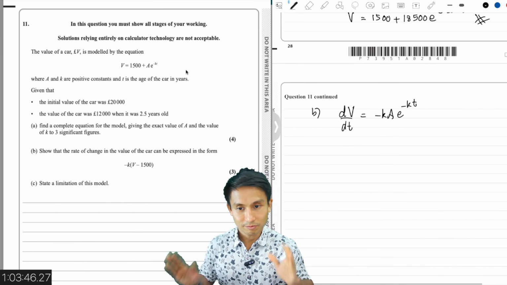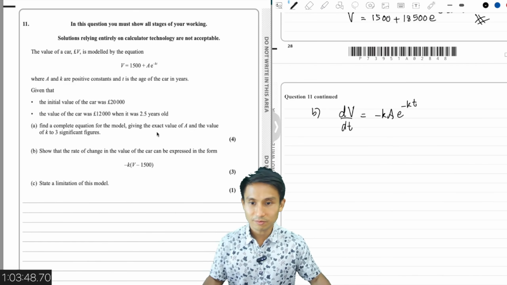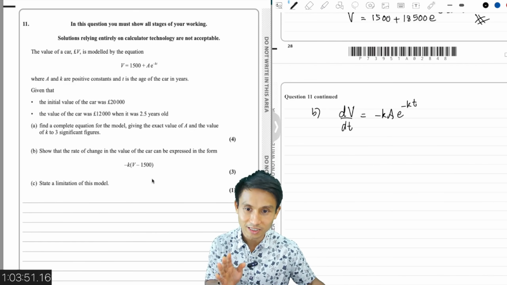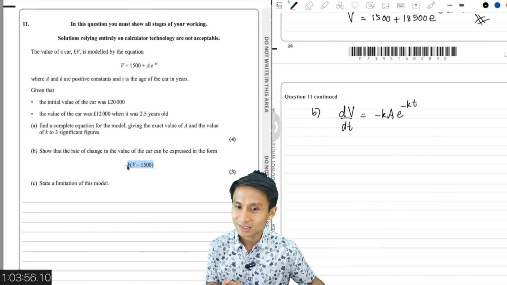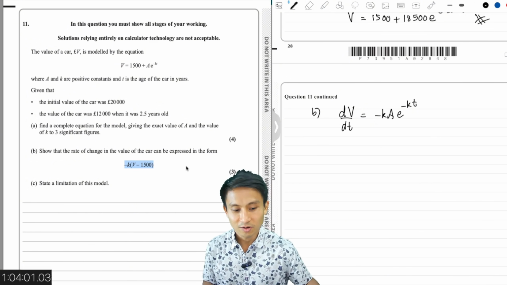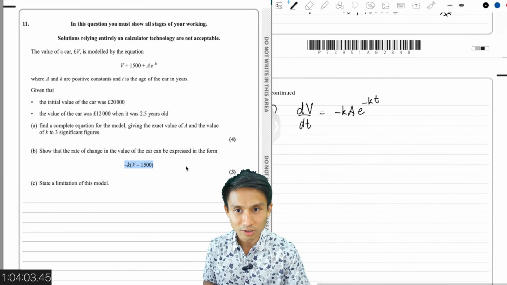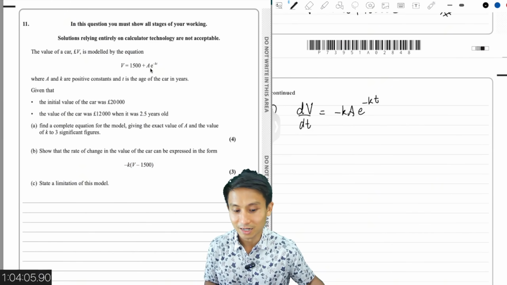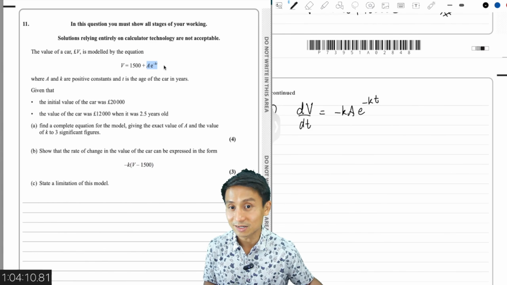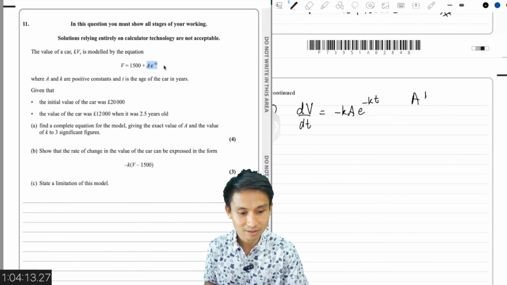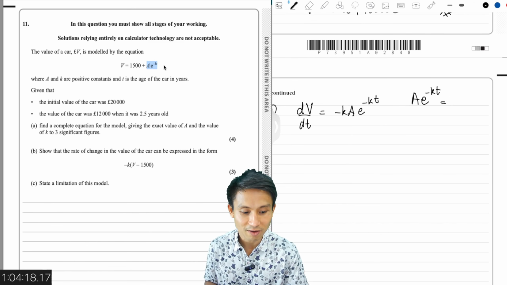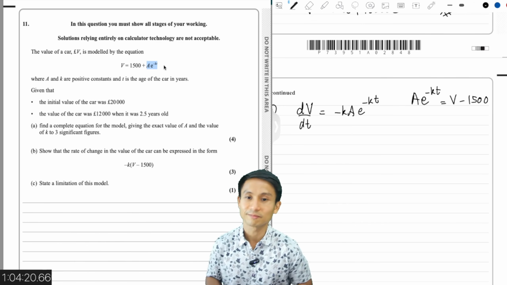Now you've got to be careful here. This is the tip: I wouldn't just substitute A and k in yet, because look at the form they want. There is no exponential there, right? So if we go from the original equation and make A times e to the power of minus kt the subject, you're going to have V minus 1500.